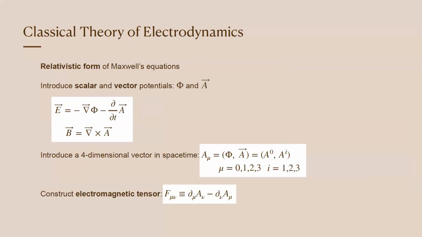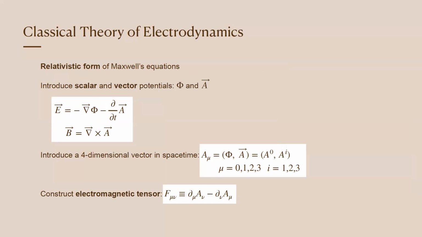We can introduce this in the relativistic framework and come up with the relativistic form of Maxwell's equations. So let's introduce the scalar and vector potentials. You already know this from your course on electromagnetism. We can express the electric and magnetic fields, these are the physical fields, in terms of the scalar and vector potentials in this way.